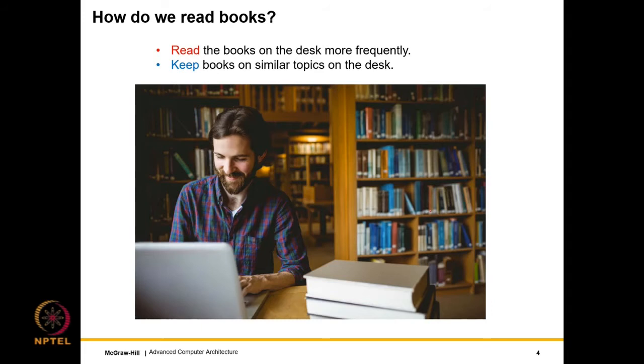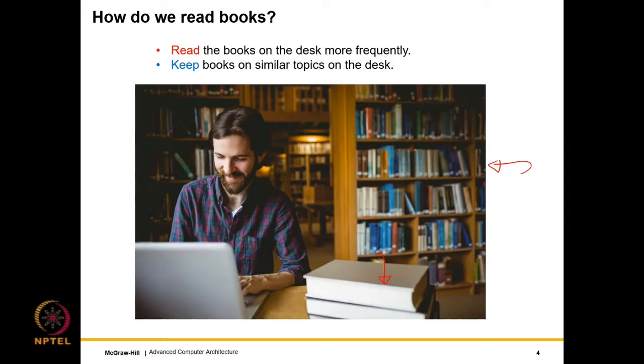Before introducing the memory system, I would request all of you to take a look at the figure here. This person is accessing his laptop. There are a few books over here, and of course behind him you see a shelf of books. What is his typical behavior? The most frequent data, the most frequent instructions that he is accessing are on his laptop, something that is less frequently required is placed slightly further away, and these books are on the desk.